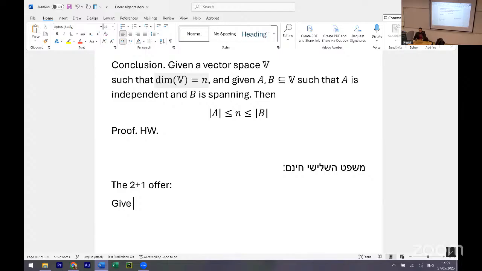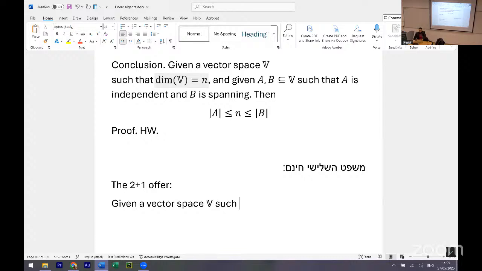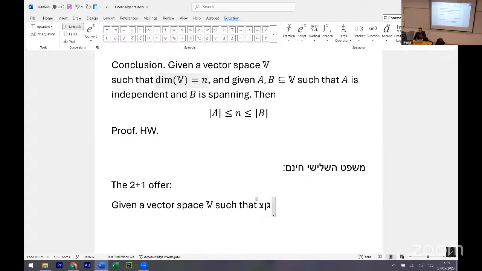Given a vector space V such that its dimension is n.